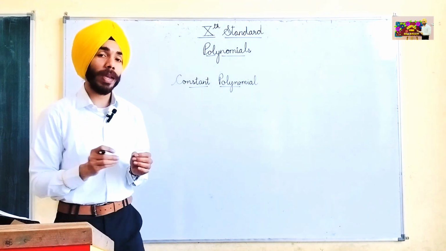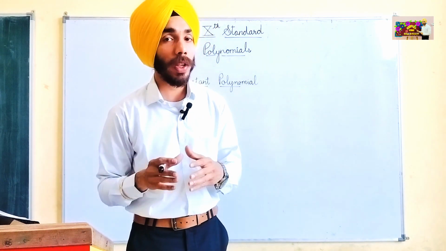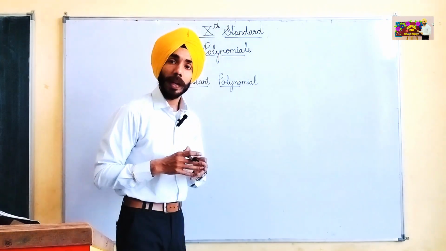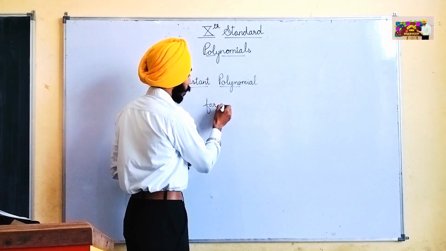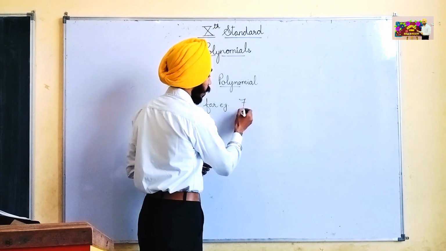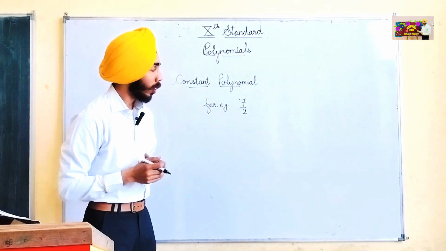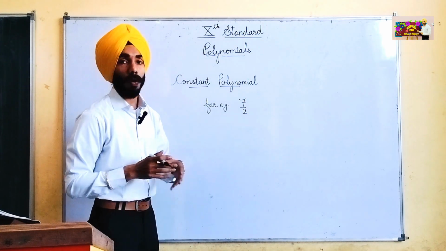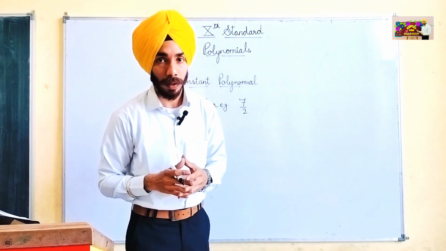The polynomial in which the degree of the variable is 0, we call it constant polynomial. For example, 7 upon 2. 7 upon 2. That is a constant polynomial. In this polynomial, degree is 0.